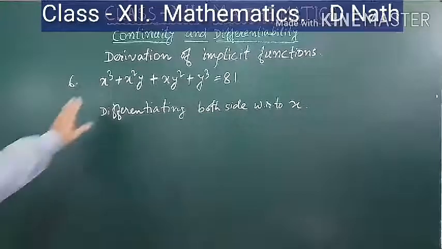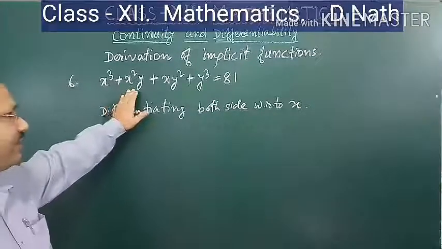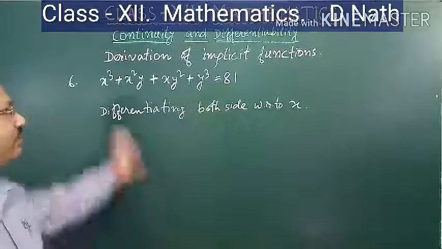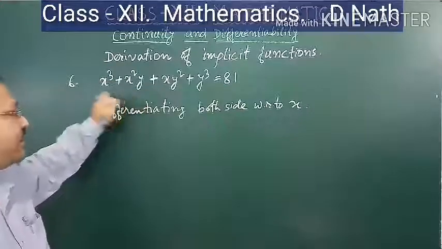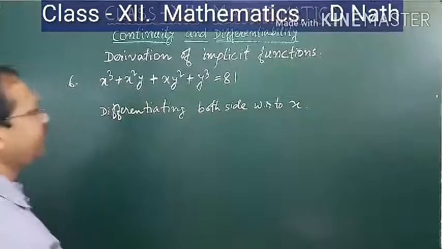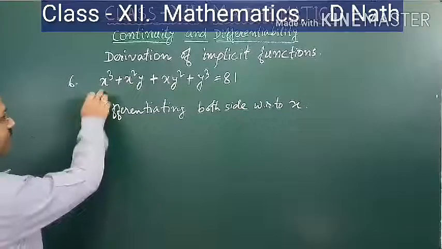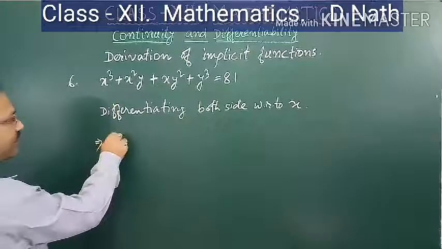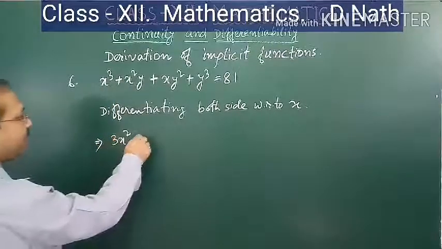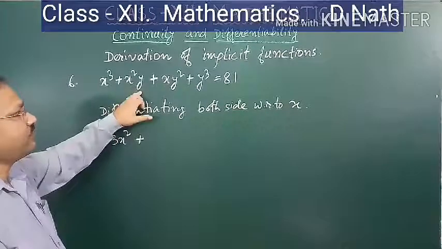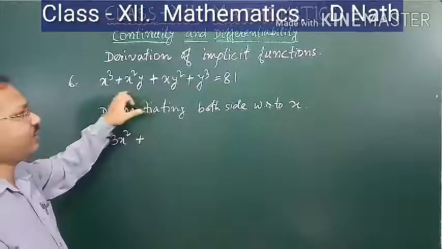Question number 6. x cube plus x square y plus xy square plus y cube is equal to 81. We have to find dy dx only. So here also we will differentiate both sides with respect to x. So ddx of x cube is 3x square plus, differentiation here, 2 are there, x and y both functions are there.